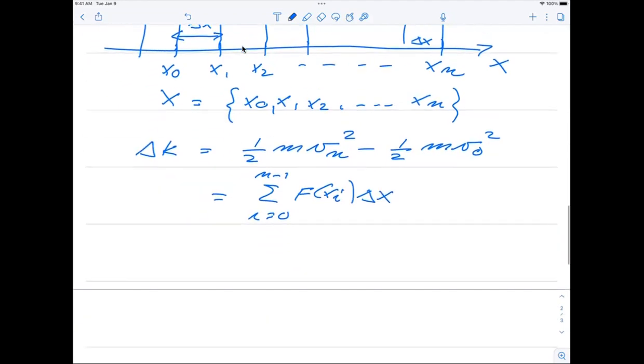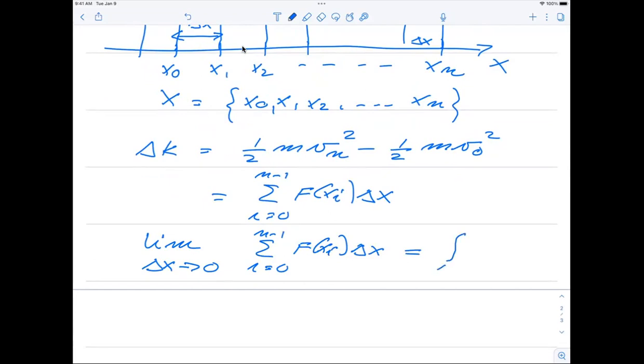Now, in the limit of delta x goes to 0, this quantity, the sum from i equals 0 to n minus 1 of f of x of i times delta x, is something which we now will replace with an integral from x0 to x, the final x here, of dx multiplied with f of x. And this is an integral.